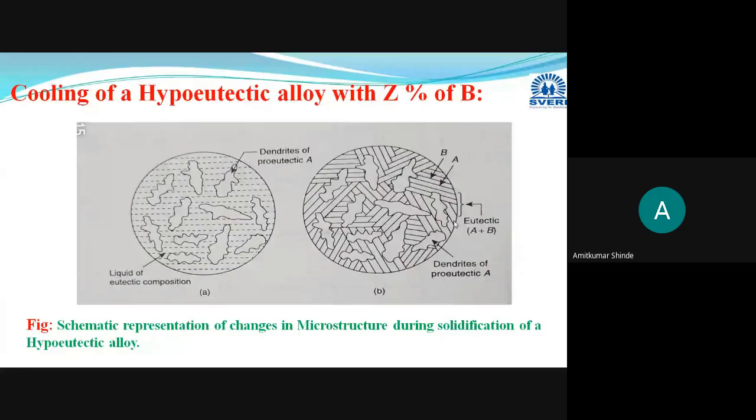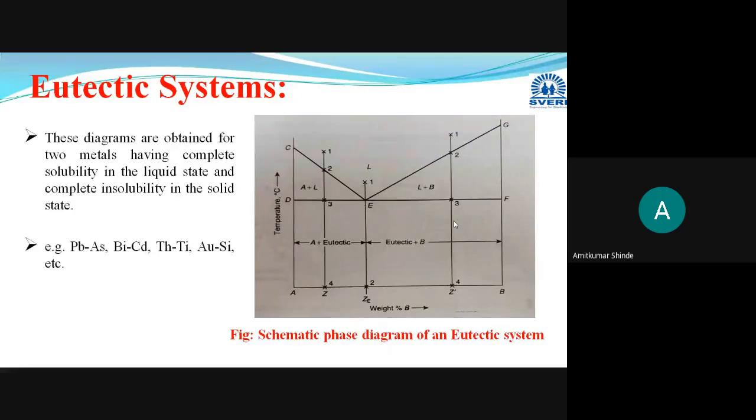Okay. Now I will explain the microstructural changes which are occurring for three different alloys. This is the first alloy, the hypoeutectic alloy with Z% B, and this is the second alloy, the eutectic alloy with Ze% of B, and this is the hypereutectic alloy with Z-% of B. Please try to understand the curves which I am showing here.